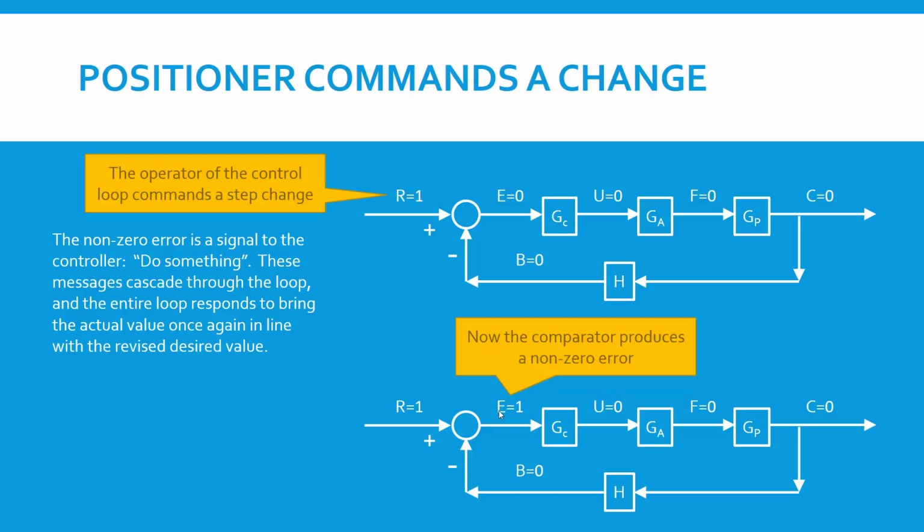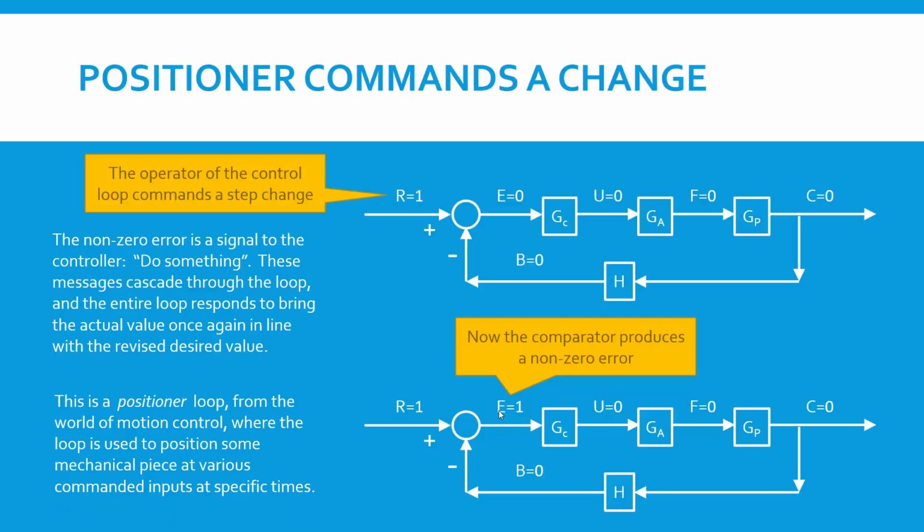As was stated, the non-zero signal to the controller means do something, and the loop will spring into action and try to move the actual value to the new desired input value. So we're changing equilibrium states is what we're doing here, and the job of the controller is to move the plant, the system that we're controlling, to a new equilibrium state.